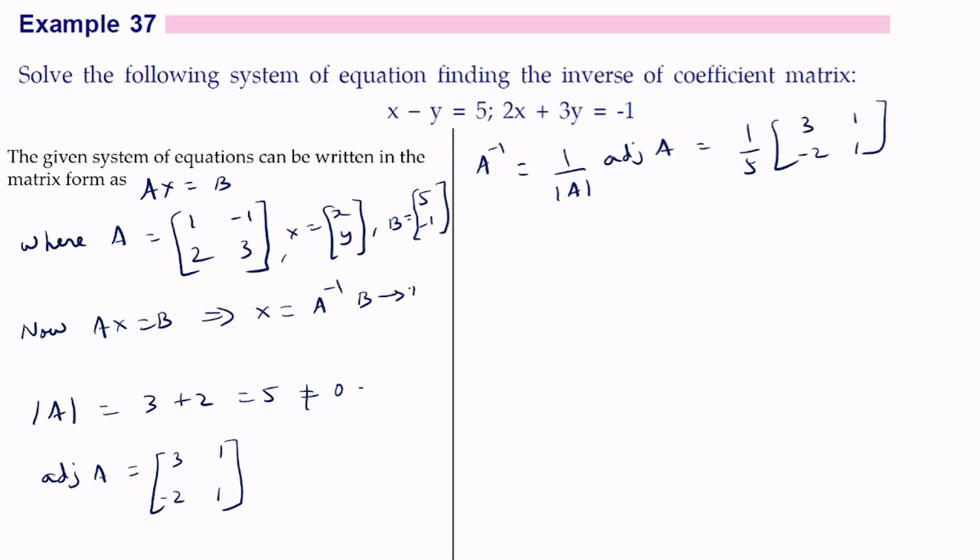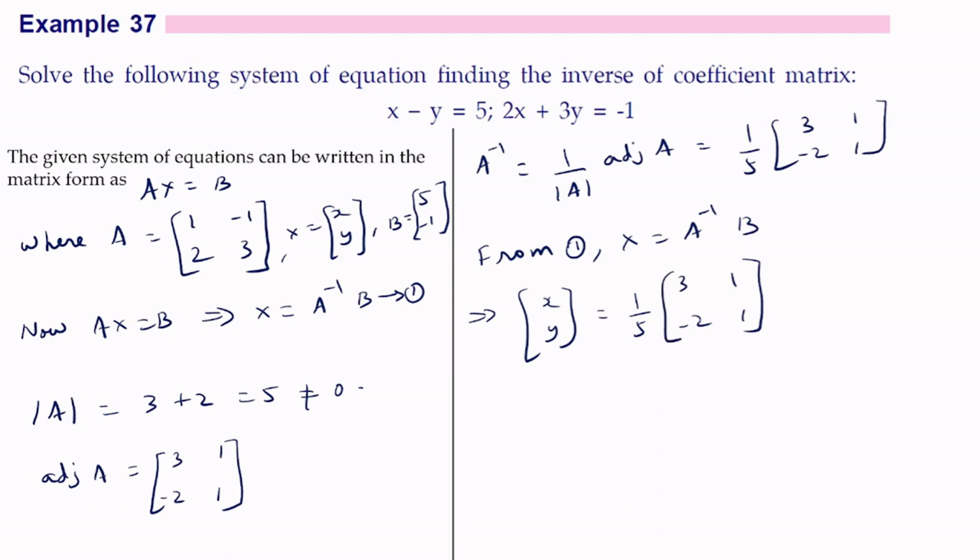Let us take this as 1. From 1, X equal to A inverse B implies the variable matrix x, y is equal to A inverse, which is 1 by 5 into 3, 1, minus 2, 1, into B. B is the constant matrix 5, minus 1.